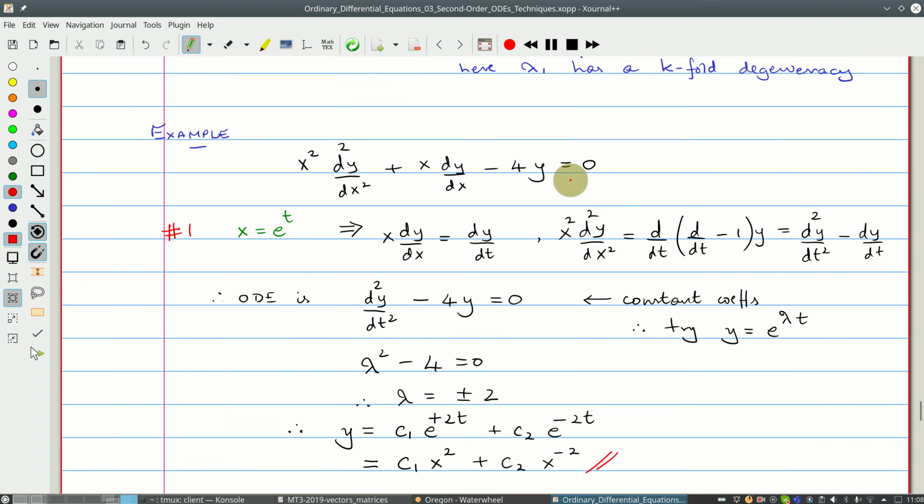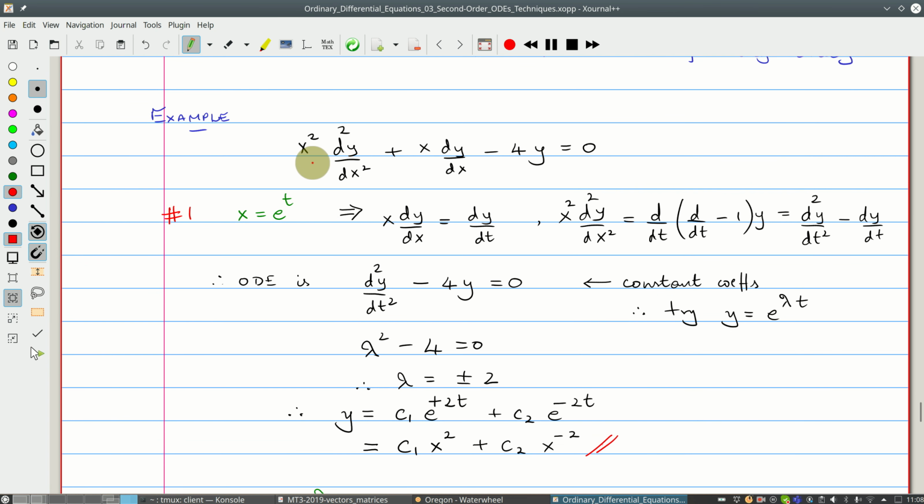So here's one of our equations. It is an Euler equation because each derivative of y has a corresponding x to the n multiplying it. We try it first with the first method, which is x is equal to e to the t.